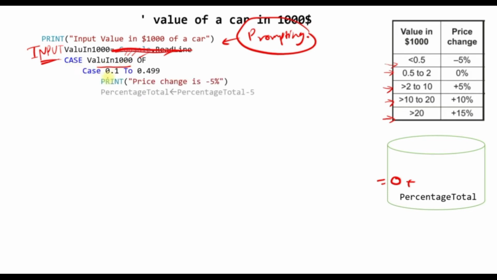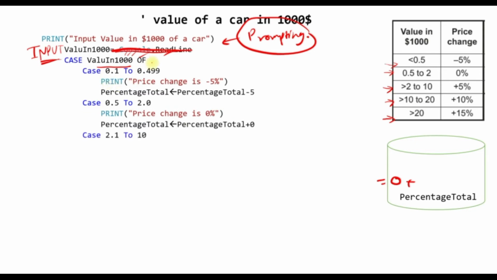The same thing here. Let's say the user inputs a value for the car price. It is like $12,000.